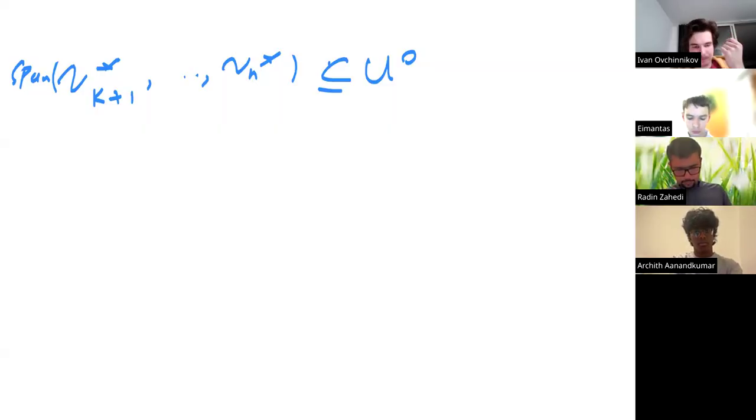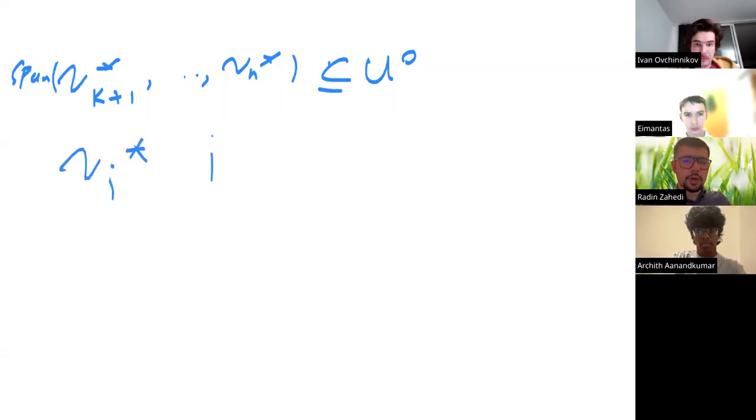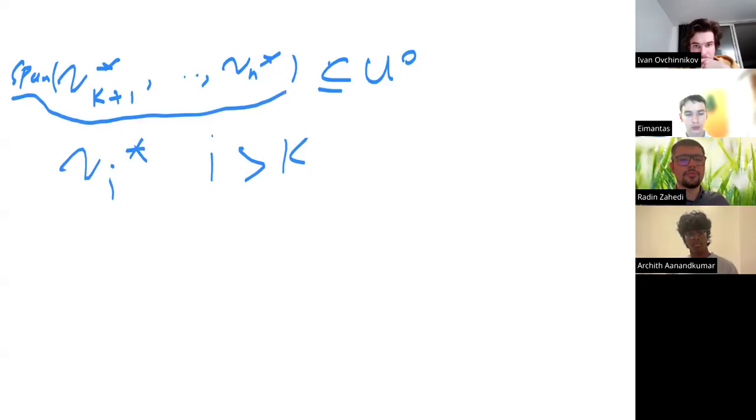Maybe repeat the question. My question is, we wanted to find out what vectors are in the annihilator. We figured out that all vi stars for i bigger than k are in the annihilator, and typically the span of these things is also in the annihilator. So we want to find out whether there are any other vectors or not.